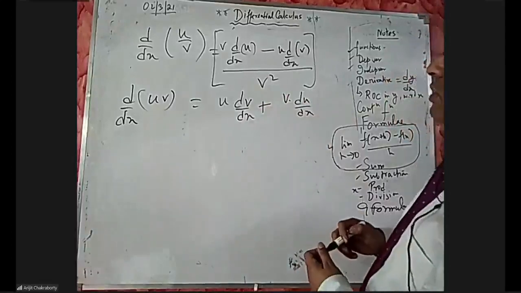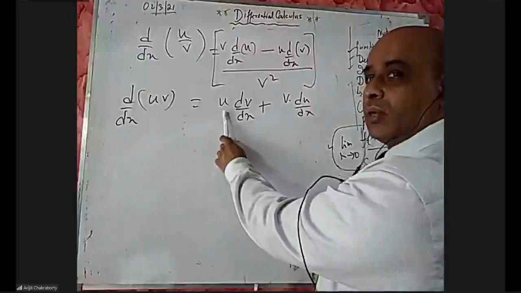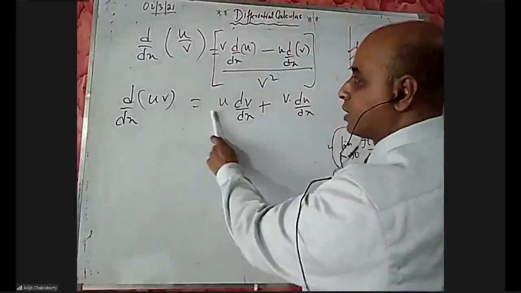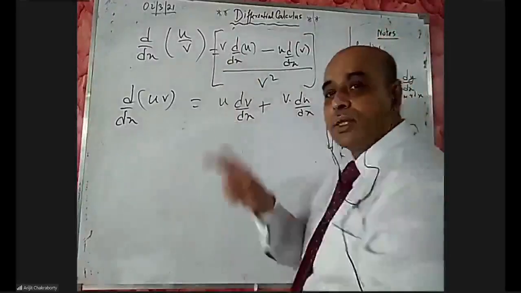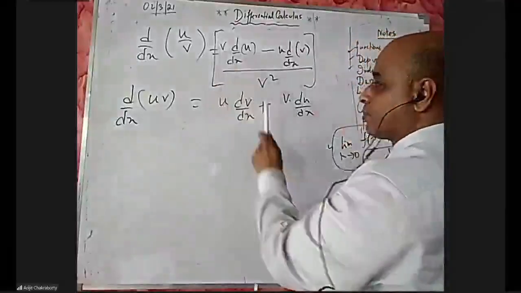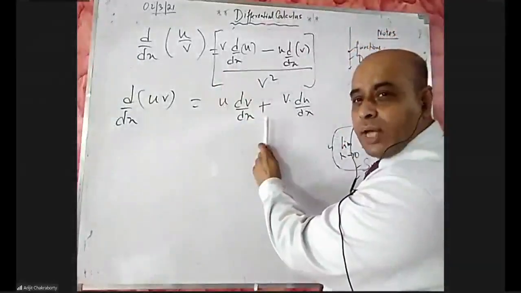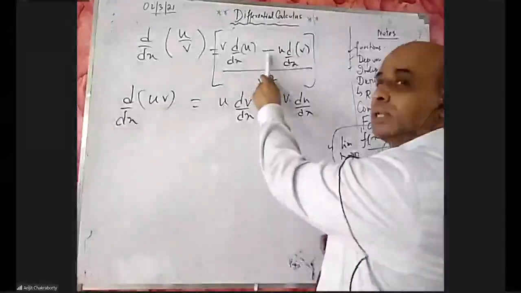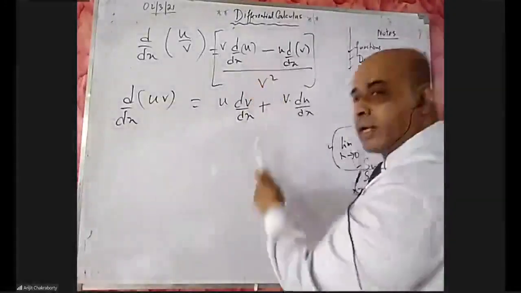Here it's just the opposite. Product formula, the first expression is kept outside. Division formula, the second expression is kept outside. Product formula, the sign is positive. Division formula, the sign is negative.